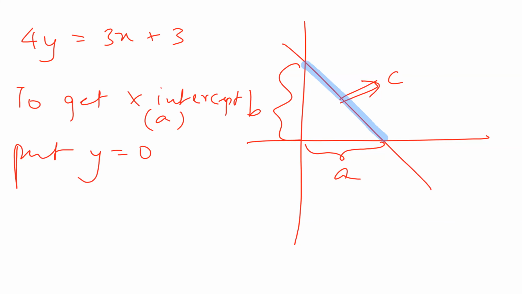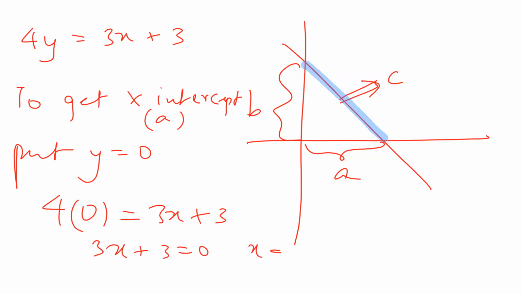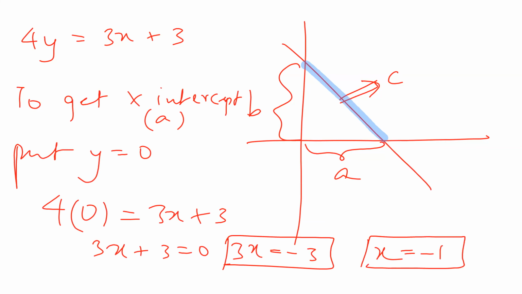So when we put y equal to 0 in the line, 4 into 0 is equal to 3x plus 3. So 3x plus 3 is equal to 0. So 3x is equal to minus 3. x equal to minus 1. So this is nothing but x intercept, that is minus 1.